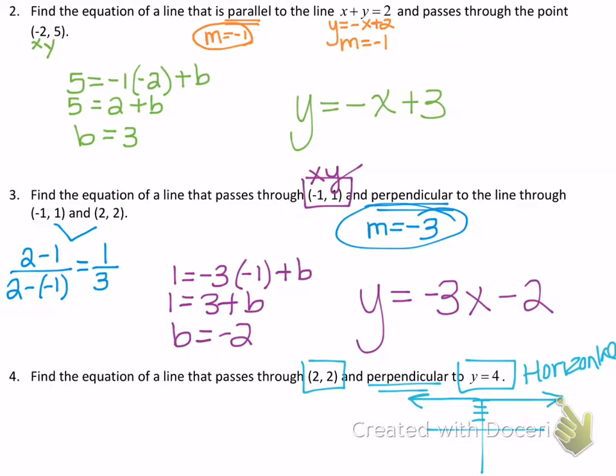But it passes through 2, 2, so that's this point right here. Well, if it's perpendicular to that, it has to be a vertical line. So what's the equation of this vertical line then? Because it passes through the point and it's perpendicular to y equals 4. So my answer is x equals 2.